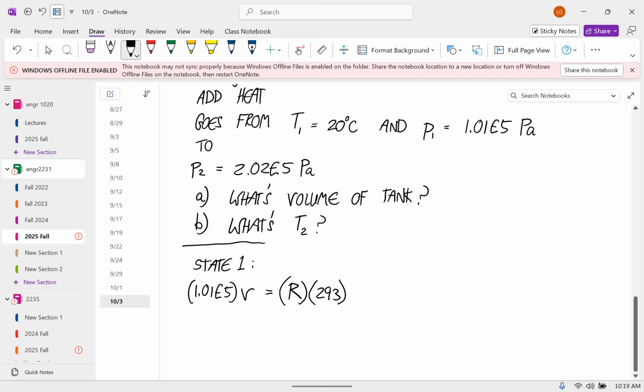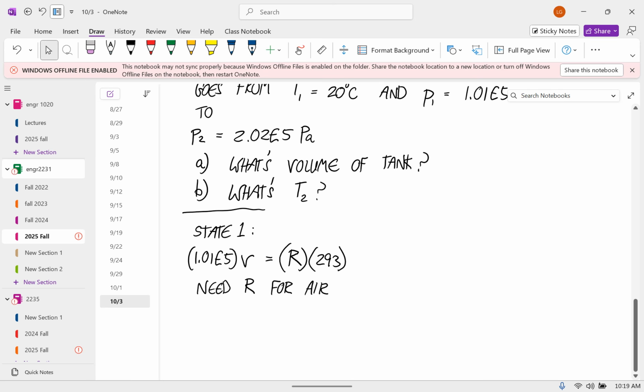In order to calculate the specific volume, all we have to know now is what that R is. So what do we know about air? So we need R for air. And in this class, we're always going to assume that air is 80% N2 nitrogen gas and 20% O2 gas.